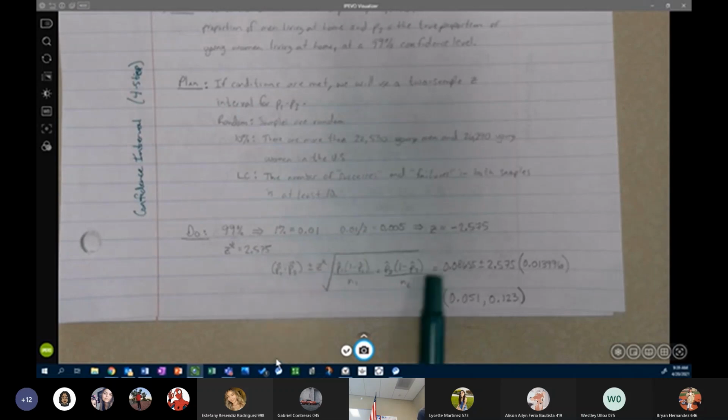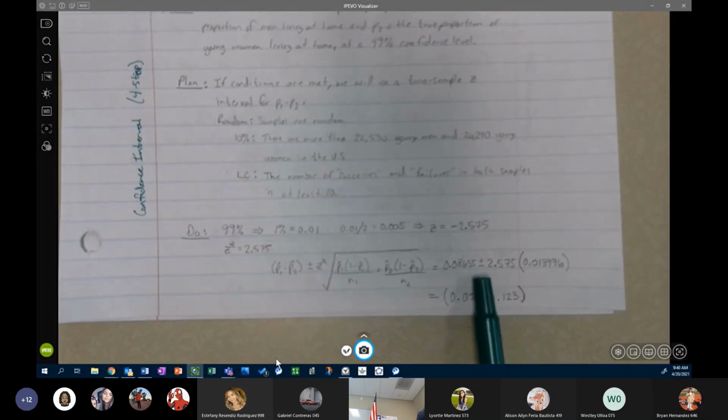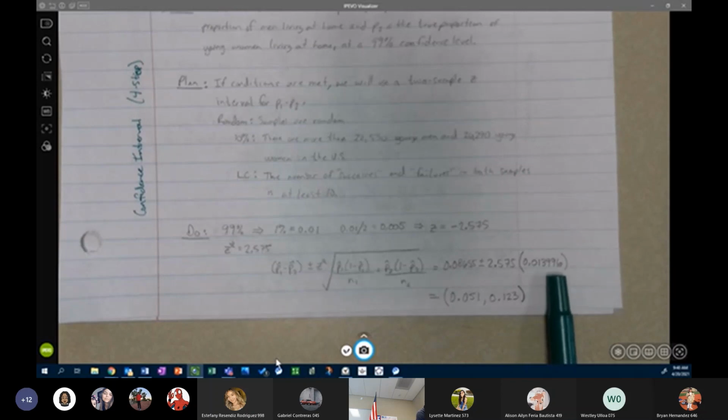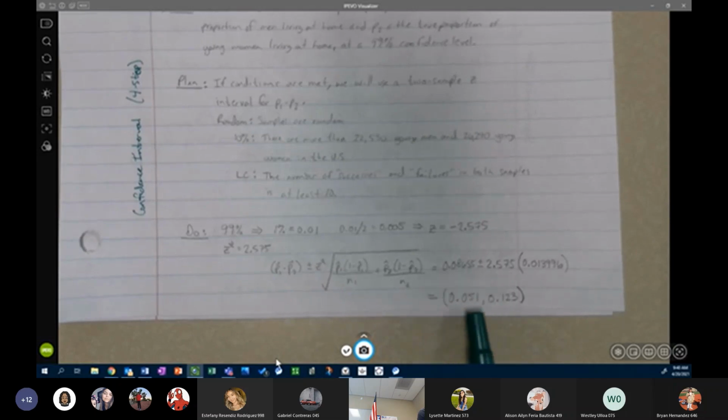And then this is the formula that we use to get our interval. And when we put all the numbers in there, we get 0.08655 plus or minus 2.575 times 0.013996. Obviously, there's some rounding going on in there. And we get this interval where the lower bound is 0.051 and the upper bound is 0.123.